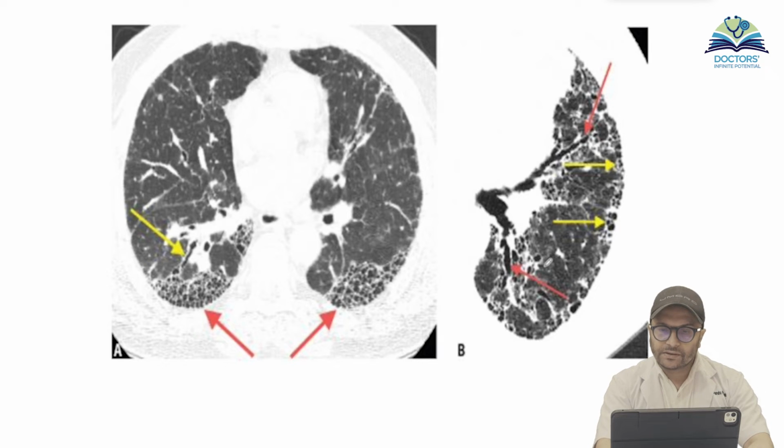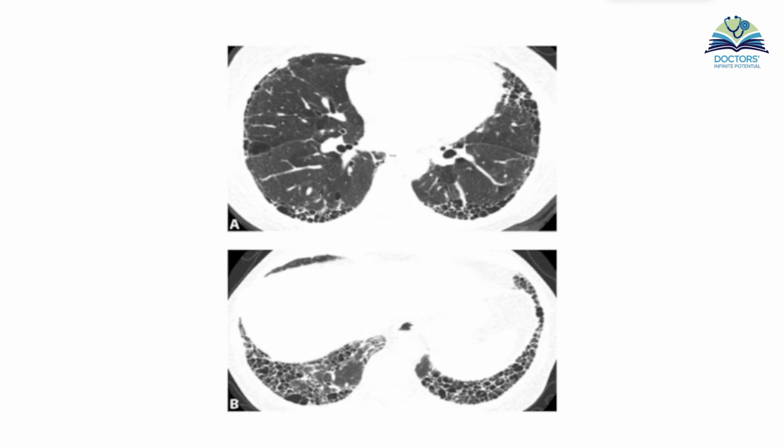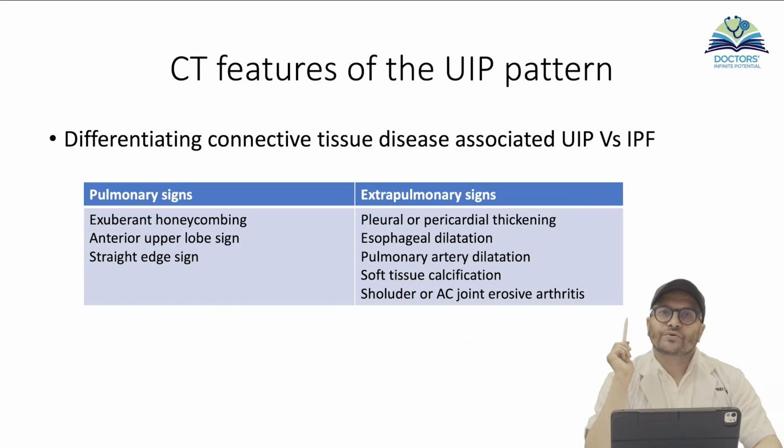Another image which shows subpleural location of honeycombing, that is peripheral in location, with multiple reticulation and honeycombing. So UIP can be either idiopathic or can be associated with connective tissue disorders.